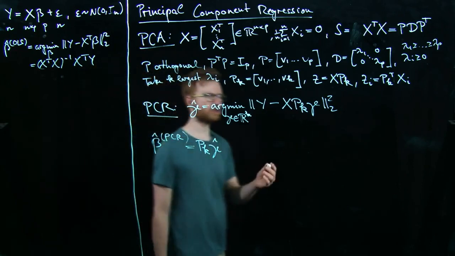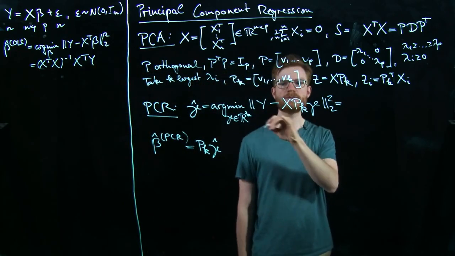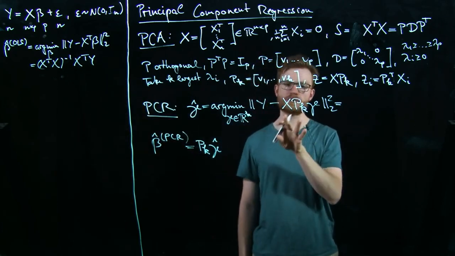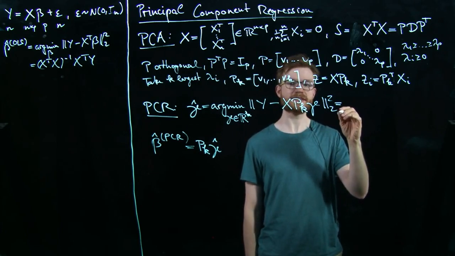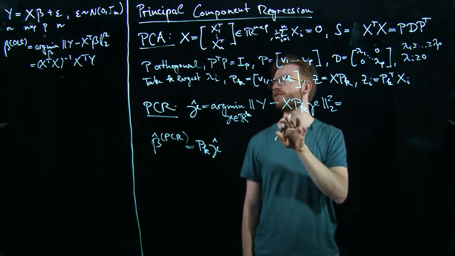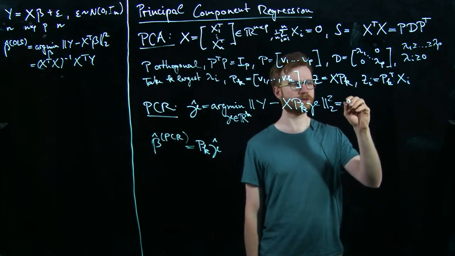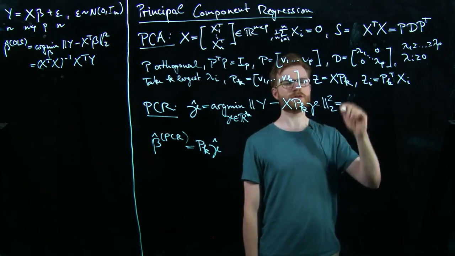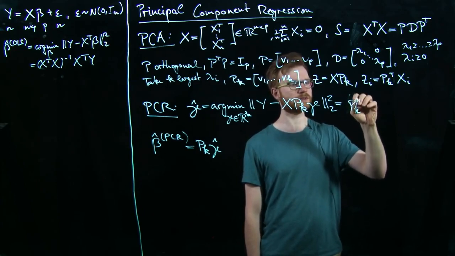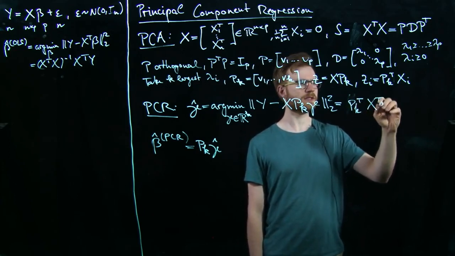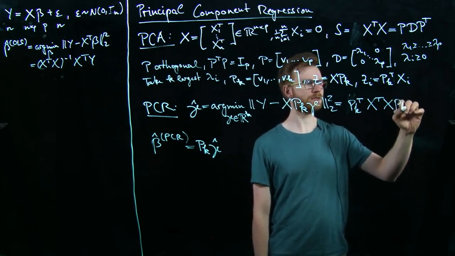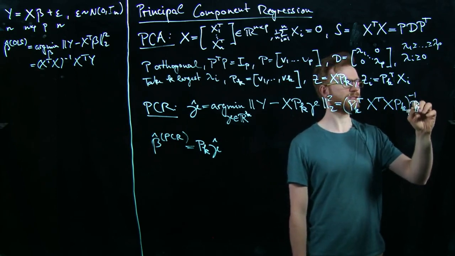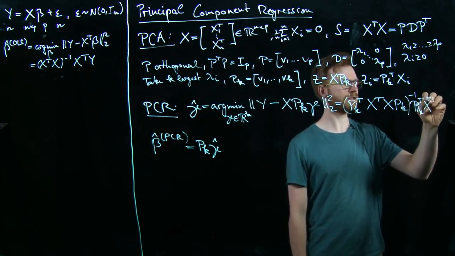OK, so let me write down the same formula that applies to the ordinary least squares estimator here. So this is just another matrix, so I can use exactly the same formula. Namely, I'll have this matrix transpose itself. So x, first transpose. So P_k transpose, x transpose, and then the same matrix without the transpose. Inverse, and then x transpose, that is P_k transpose, x transpose y.